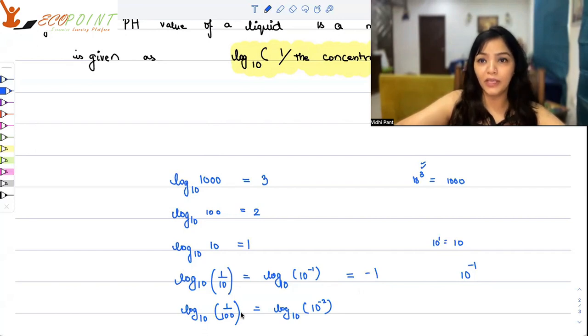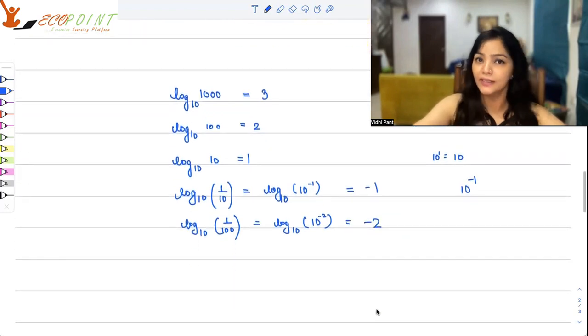Now, 1 upon 100 means you have 1 upon 10 to the power 2. That is 10 to the power minus 2. So what is the power of 10 that you require in order to make it 1 upon 100? You require -2. So that's how you can work with logarithm with base 10.